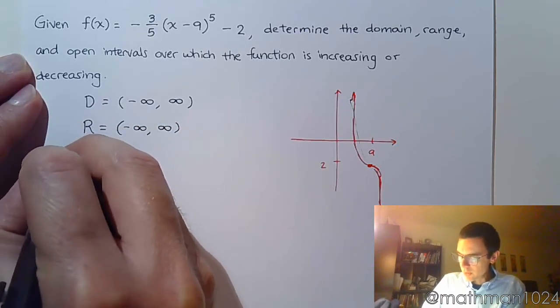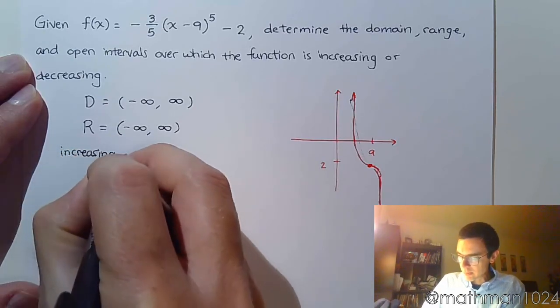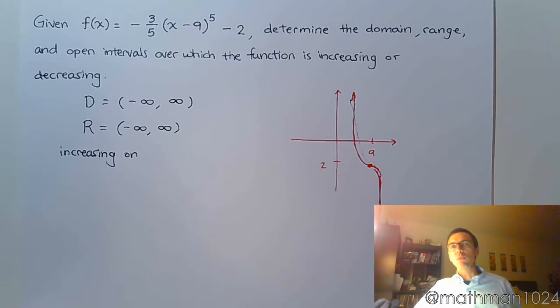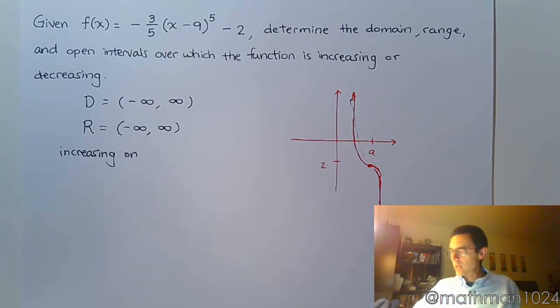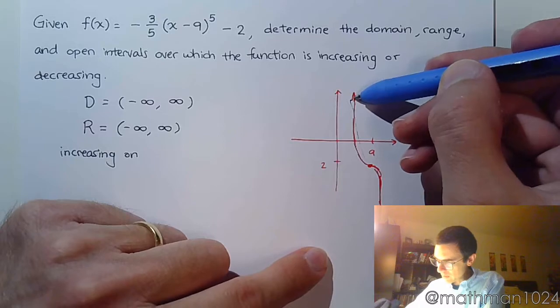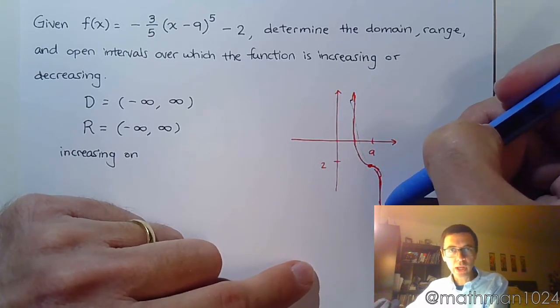Well, where are we increasing? So again, when we talk about increasing, that means as we go from left to right, where are we going up? Versus decreasing, which is where we're going down. So as I trace along here, from left to right, I'm going down. I'm going down the whole way.